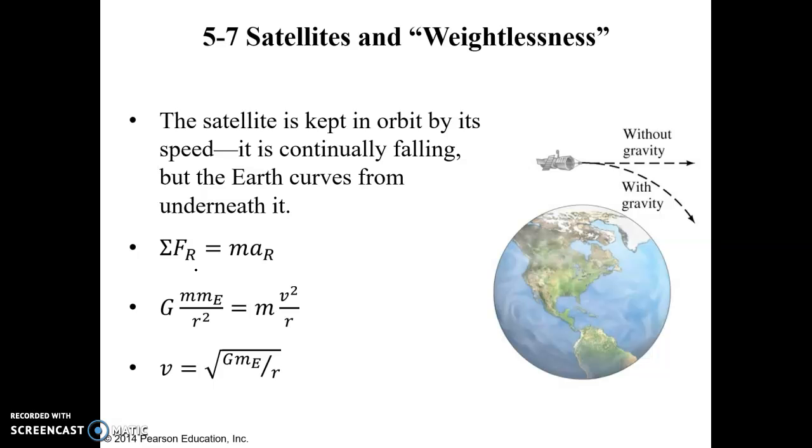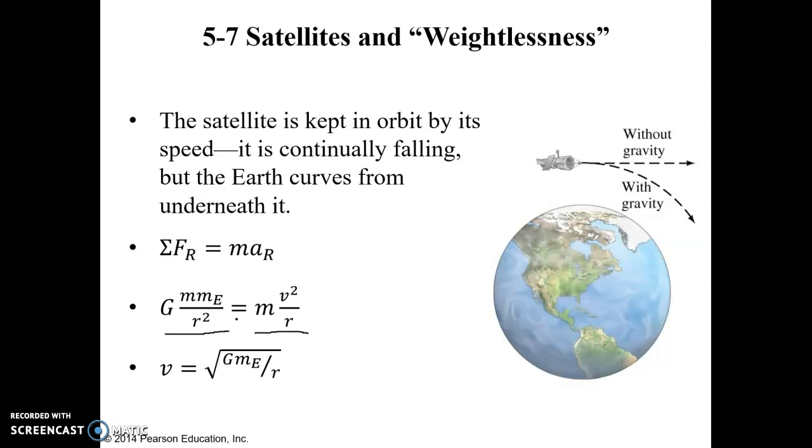So if the sum of forces equals mass times acceleration, and the centripetal acceleration is v squared over r, then we need a centripetal force on this side of the equation to be equal to the force due to gravity, which is the gravitational constant times mass 1 times mass of the Earth divided by the radius of the Earth squared.